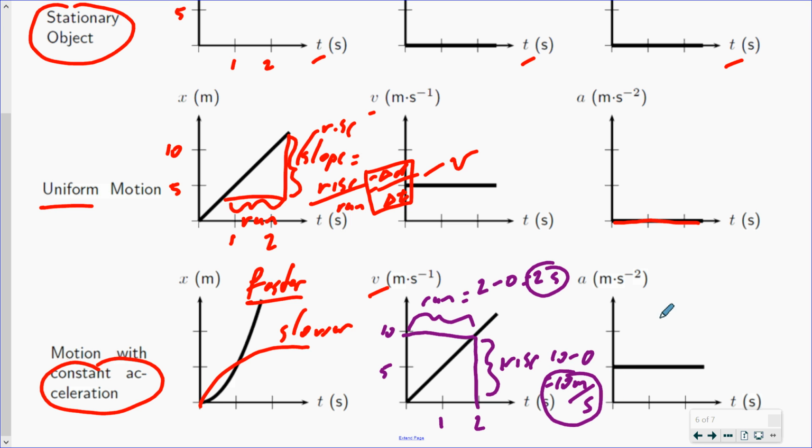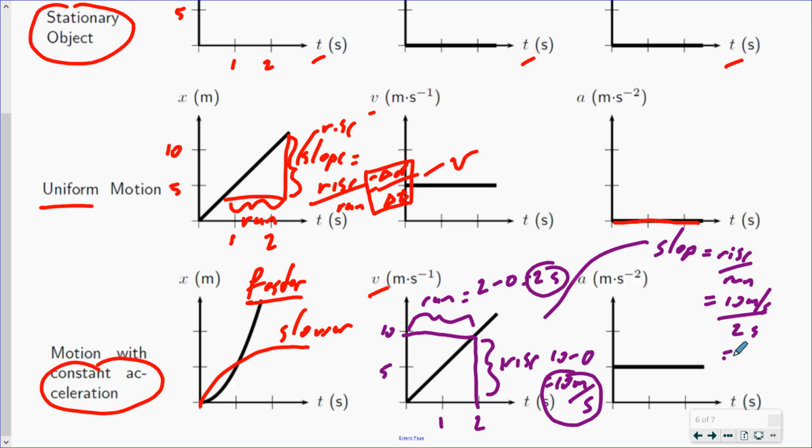And meters per second. So slope is the rise divided by the run. Slope equals rise divided by run. Our rise was 10 meters per second. Our run was 2 seconds.